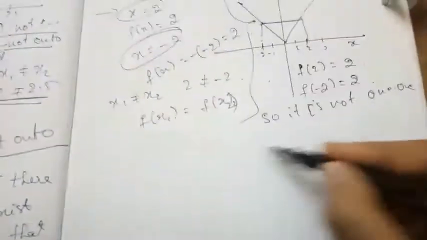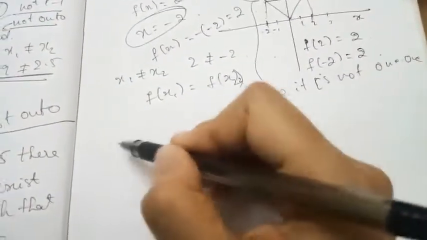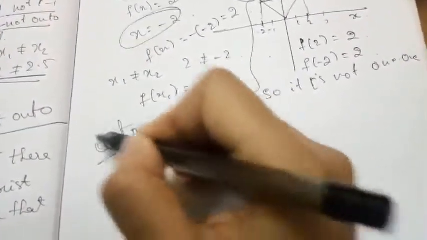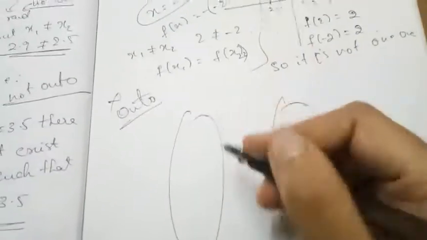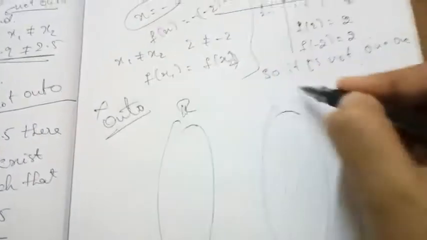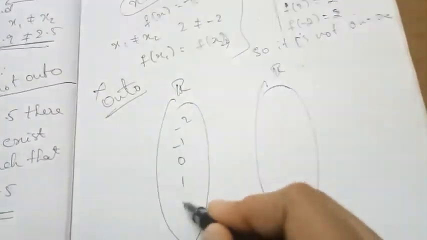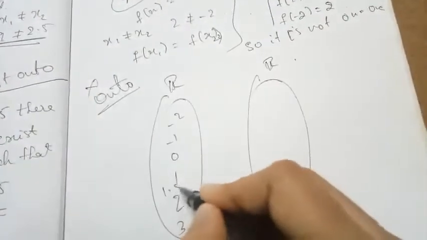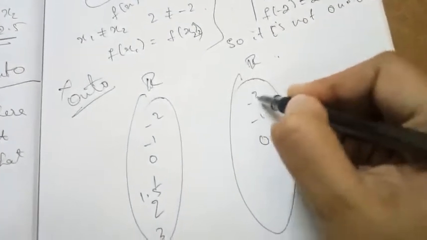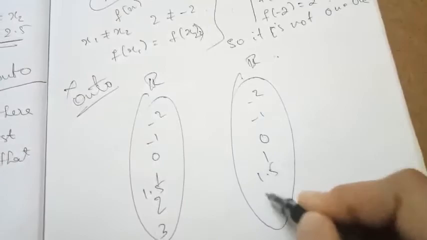Next, we need to say it is not an onto function. To show that, first let us draw the domain and codomain. It is the set of real numbers, so the elements will be like this: 1.5, 0, minus 1, minus 2, 1, 1.5, 2.